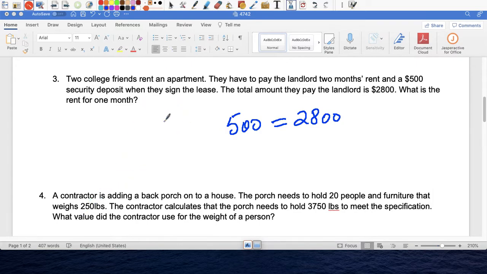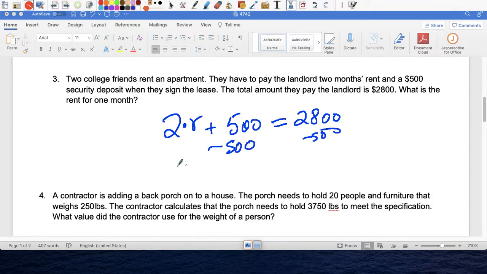So 2 months times whatever the rent was, plus the 500 security deposit in case they damage things. That's what the security deposit is for. It has to equal the total amount that they paid. So they gave the landlord $2,800, and that includes the 2 months rent plus 500.